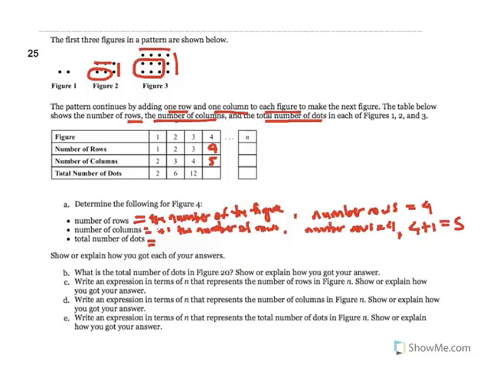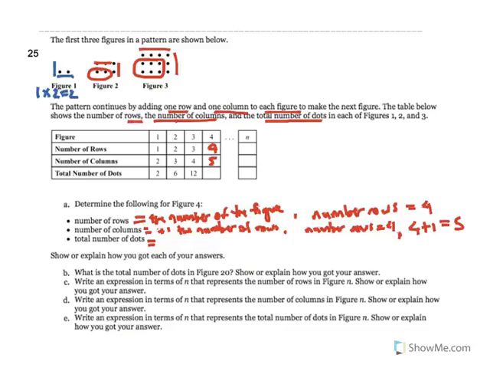Okay. So up here, as you can see in the figure, in figure 1, there is 1 row and 2 columns. 1 row times 2 columns equals 2 dots. So 2 dots total in the first figure.